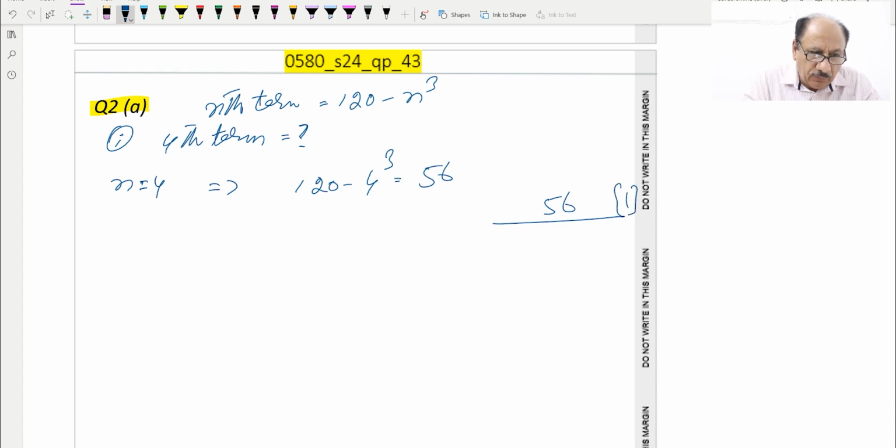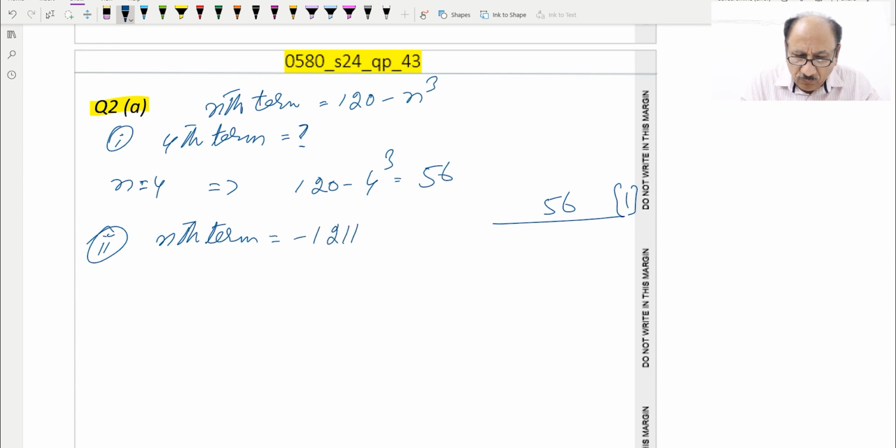Now the second part says find the value of n when the nth term is minus 1211. So we will write 120 minus n cube is equal to minus 1211, and this implies n cube will be equal to 120 plus 1211.